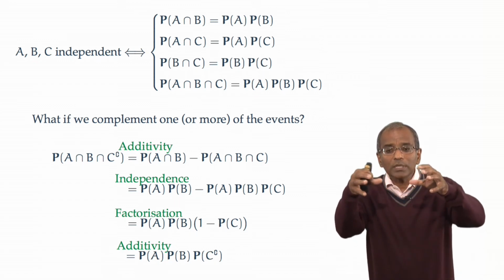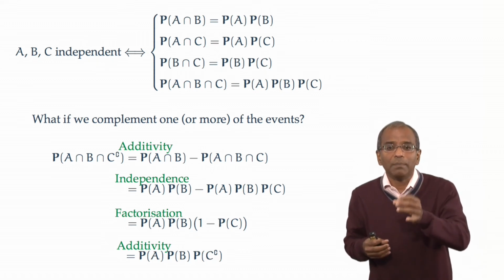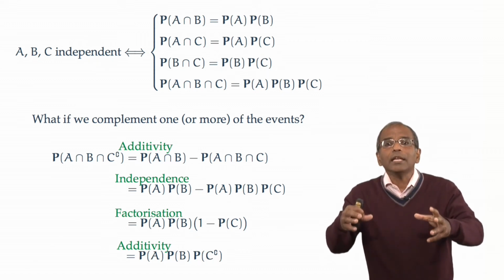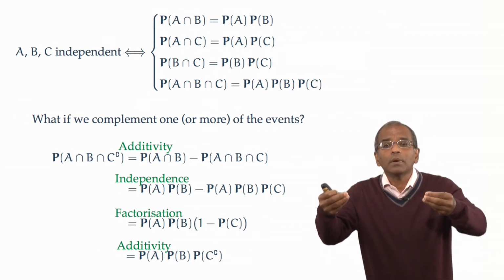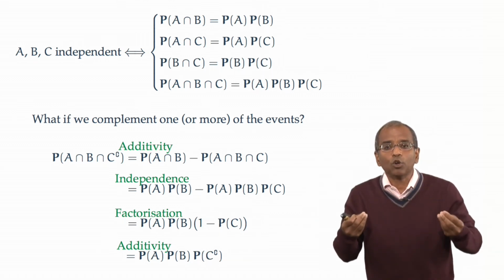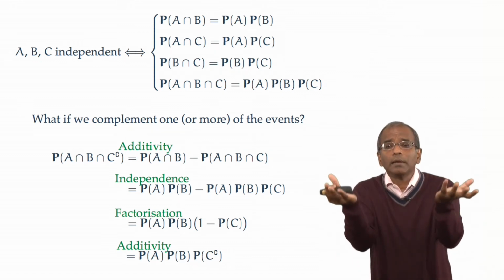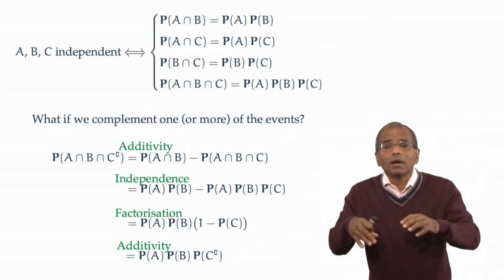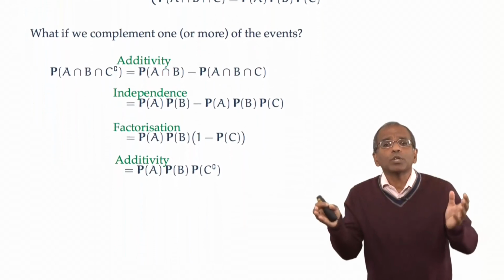But if you start with this and you complement one more variable, let's say B, and you look at A, B complement, and C complement, again a rule of products will emerge. And if you complement it yet one more time, and you look at A complement, B complement, and C complement, a rule of products will emerge like a creature from the chrysalis. Right? Again, you have products emerging for all possible combinations.